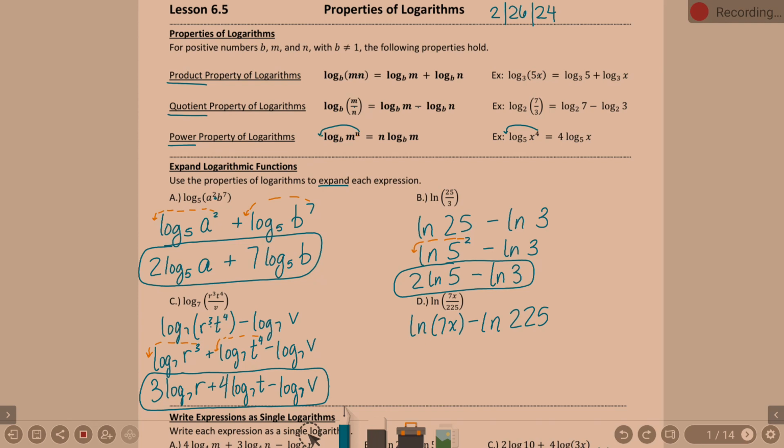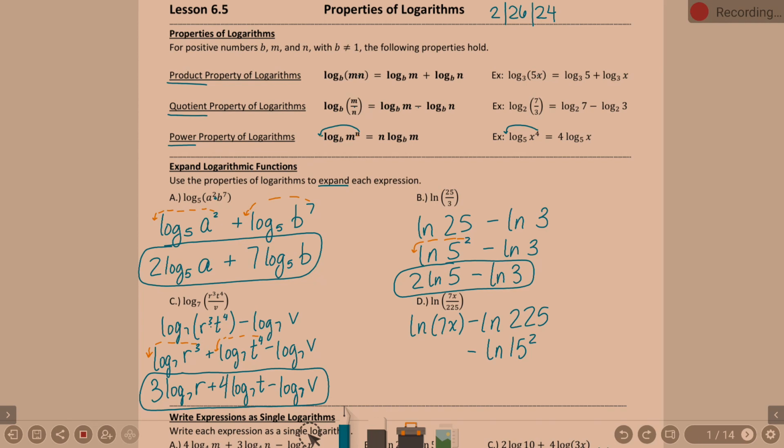It's a perfect square, yes? 225 is the square of 15. Okay, so this natural log of 225 can be rewritten as the natural log of 15 squared, yes?